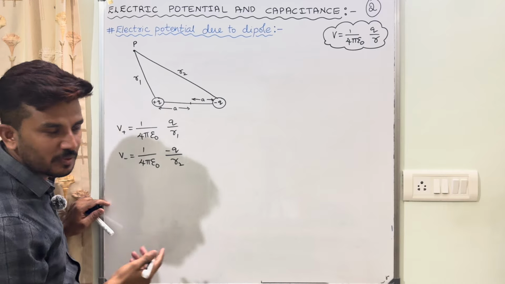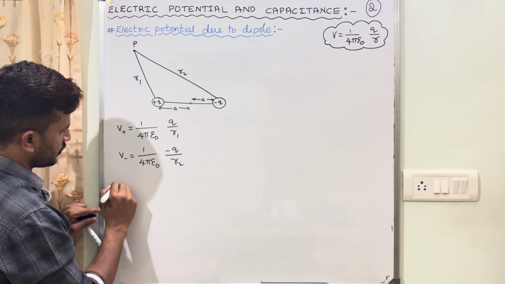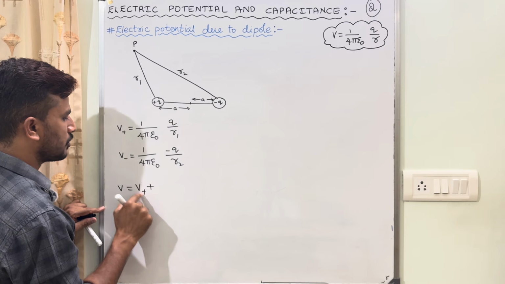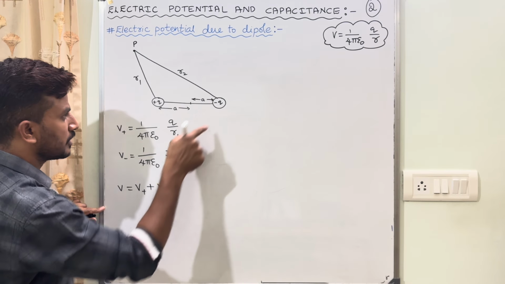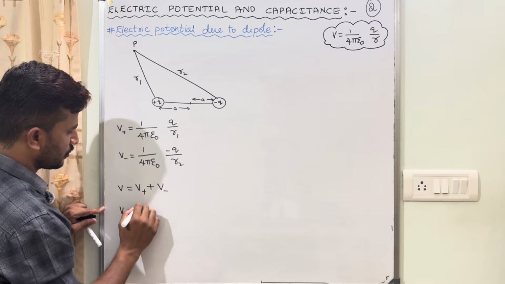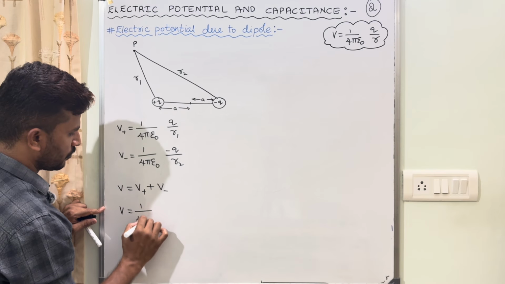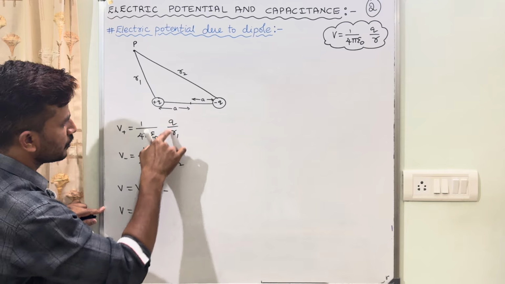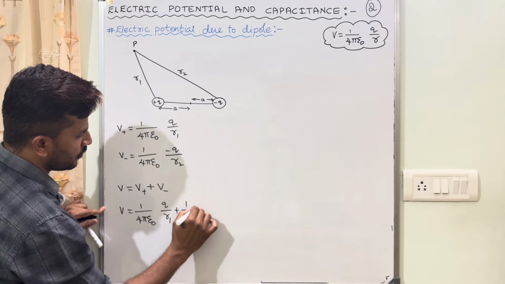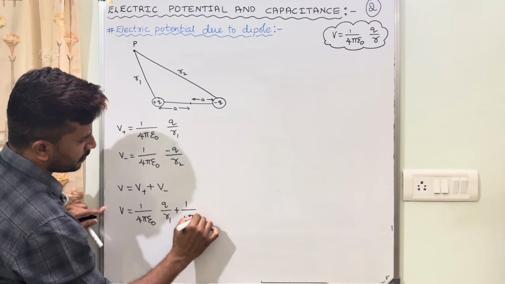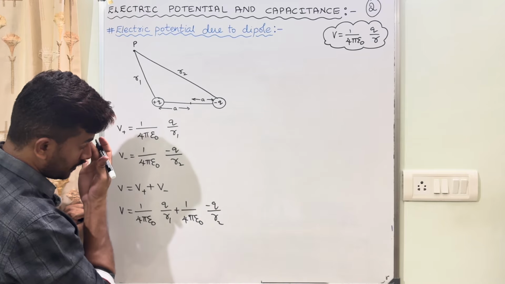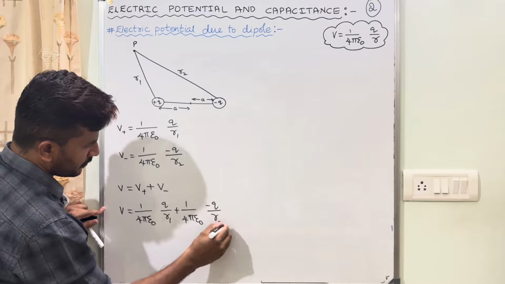So if we add these two, we will get the answer. The total electric potential is given by the electric potential due to the positive point charge plus the electric potential due to the negative point charge. So V is equal to 1 over 4 pi epsilon naught Q divided by R1 plus 1 over 4 pi epsilon naught minus Q divided by R2.